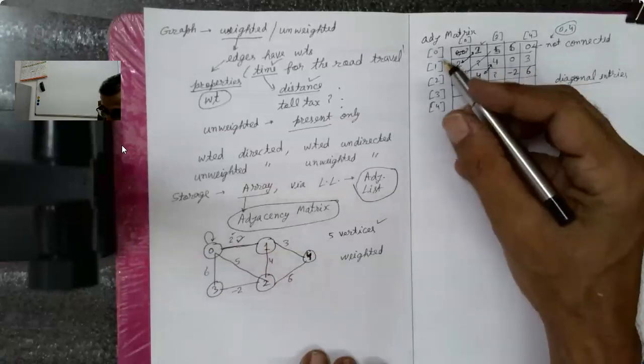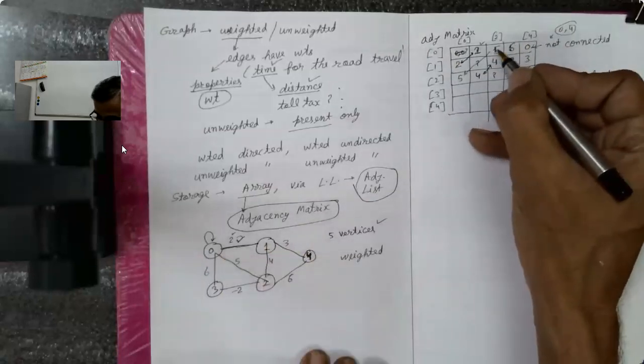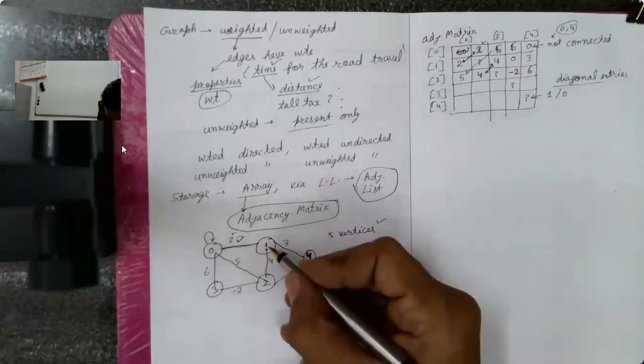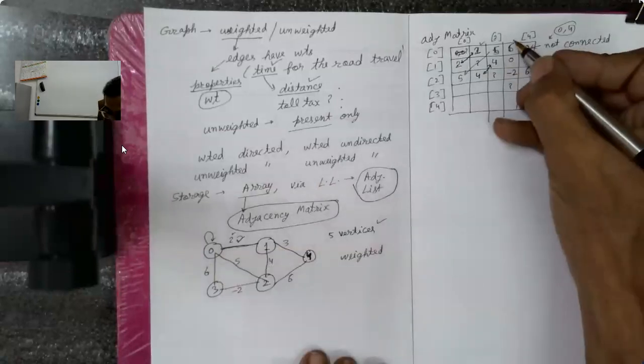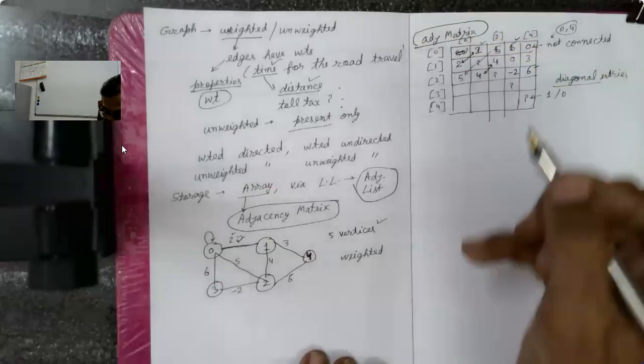And 0 to 3: sorry, 0 to 2 was 5, and 0 to 3 I had this 6 connectivity. All this was okay. So this way it will be the adjacency matrix.